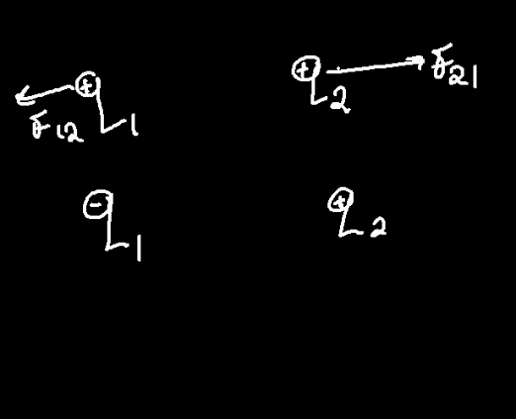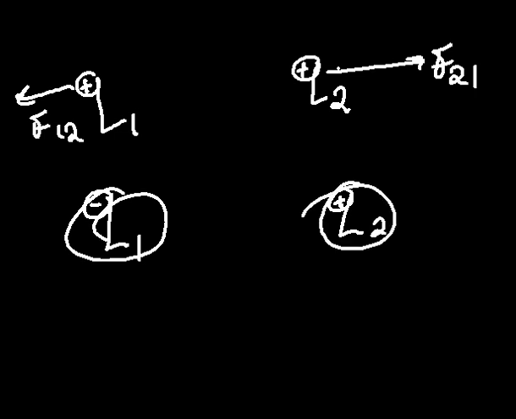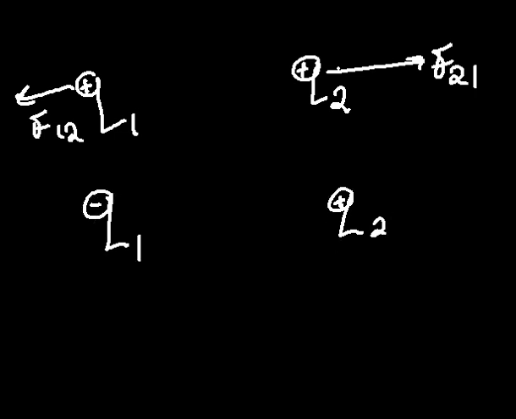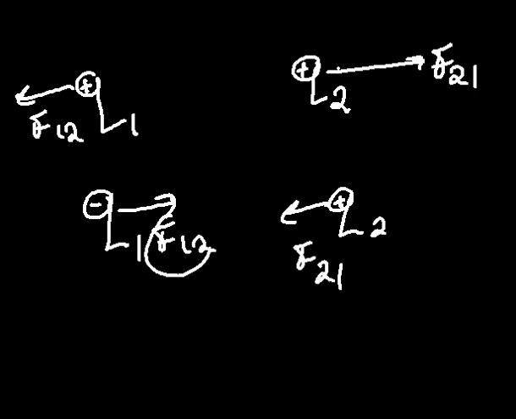Now, according to Newton's electrostatic law, there is a force of attraction between the two charges, and the force on charge 1 due to charge 2 will be towards this direction, given as F12, and the force on charge 2 due to charge 1 will be towards this direction, given as F21, and these forces are the same according to Newton's third law of motion.